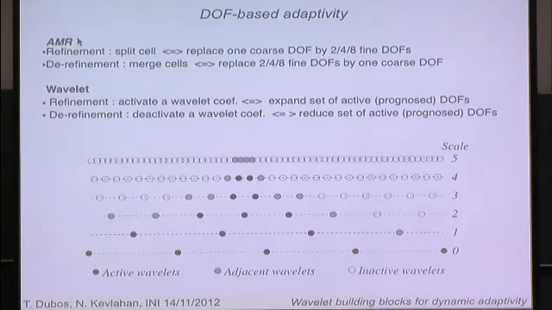And since my wavelet coefficients give me a set of degrees of freedom, refinement or derefinement will be obtained by expanding or reducing the set of prognosed wavelet coefficients. So in a 1D situation, that will look like something like this. I apologize, here it's the fine scale and here it's the coarse scale.